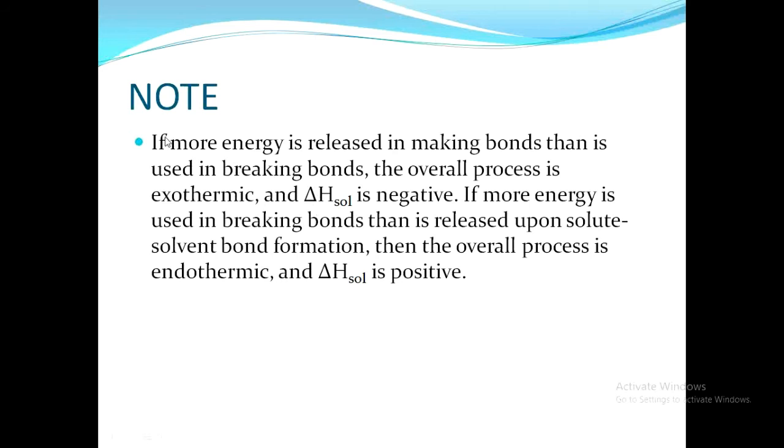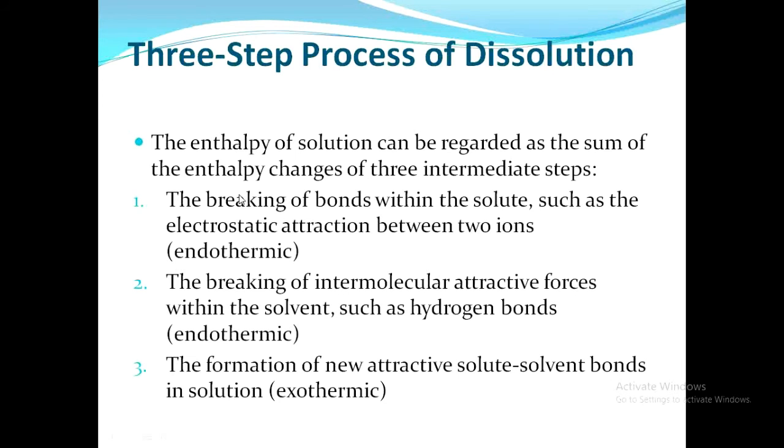So a key point relevant to enthalpy of solution is that if more energy is released in making bonds than is used in breaking bonds, the overall process is exothermic. So we know from the previous three-step process that we have to break two types of bonds and form one type of new bond.